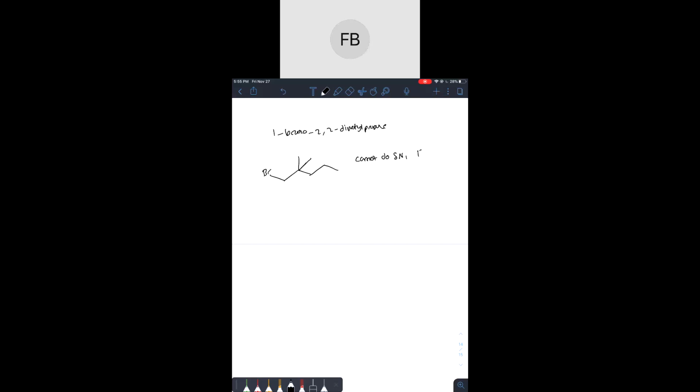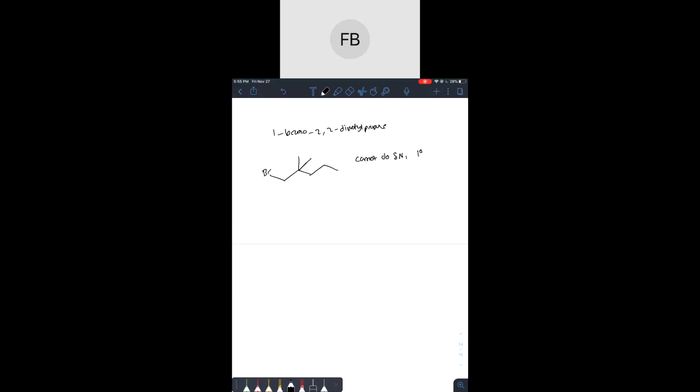Oh, okay, so basically you just wanted us to recognize that it's primary, and so it's more favorable to go under SN2. Well, it also has issues. He said, why does it have difficulty undergoing either SN1 or SN2? I think he means both SN1 and SN2. Oh, okay. So there are issues also undergoing SN2.